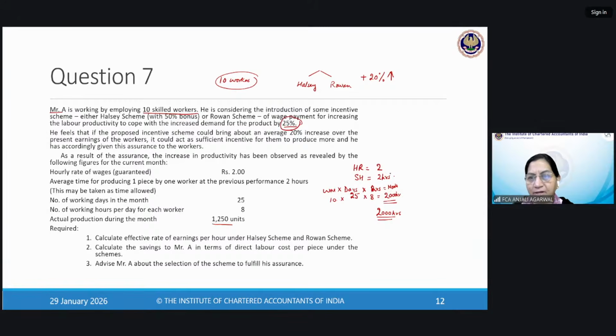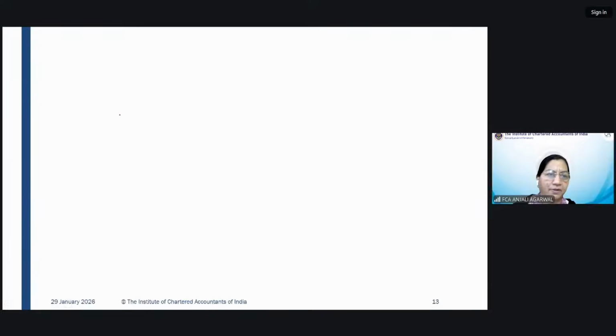So if one unit takes 2 hours, how many units should be produced in 2000 hours? Use the unitary rule. 2 hours is equivalent to 1 unit.